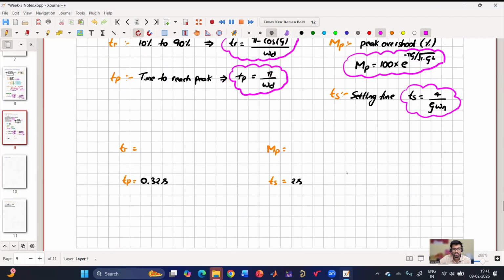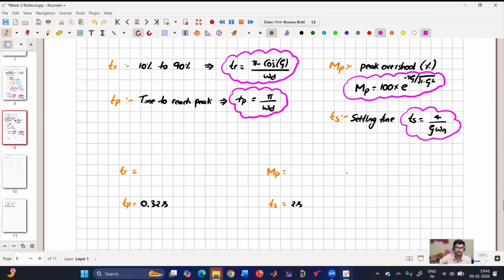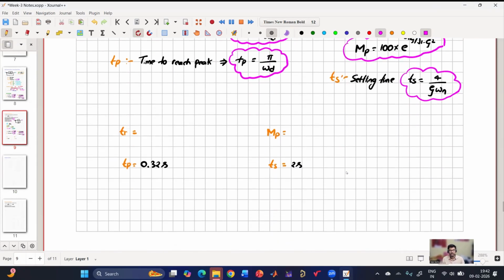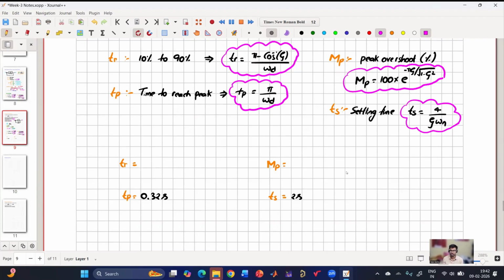Okay. So now maximum percentage overshoot as well as rise time. Rise time is pi minus cos inverse 0.2 by omega d. Omega d we have already calculated, I think 9.79. So yeah, please calculate and then let me know the answer. The peak overshoot is 52.66. 52.66 percentage.